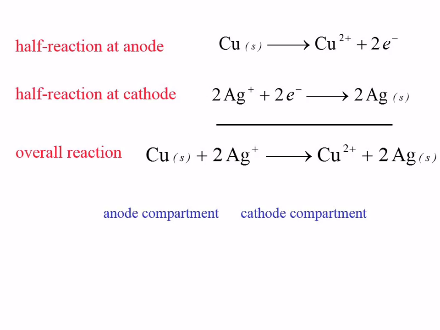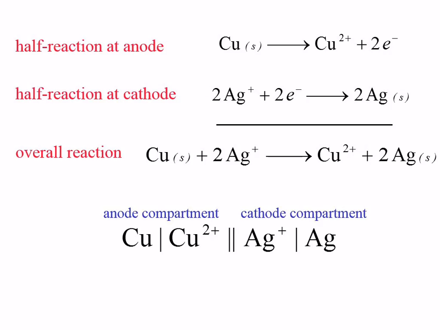So you're going to want to know how to write these cells in shorthand. You always start with the anode, and then you do a double bar, and then you do the cathode. So anode, double bar, cathode. You have a single vertical bar between what's being oxidized in the anode and its product.